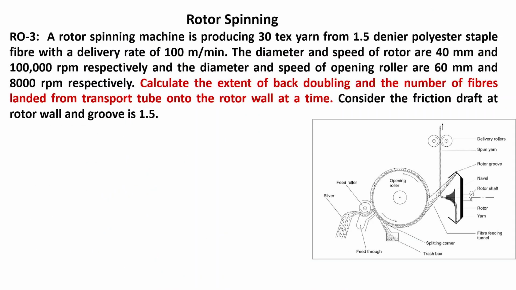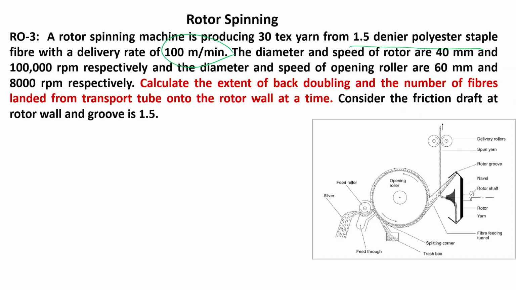Next is a rotor spinning machine producing 30 tex yarn from 1.5 denier polyester staple fiber with a delivery rate of 100 meter per minute. So, 30 tex yarn from 1.5 denier. From there we can calculate the number of fibers in the yarn cross section.